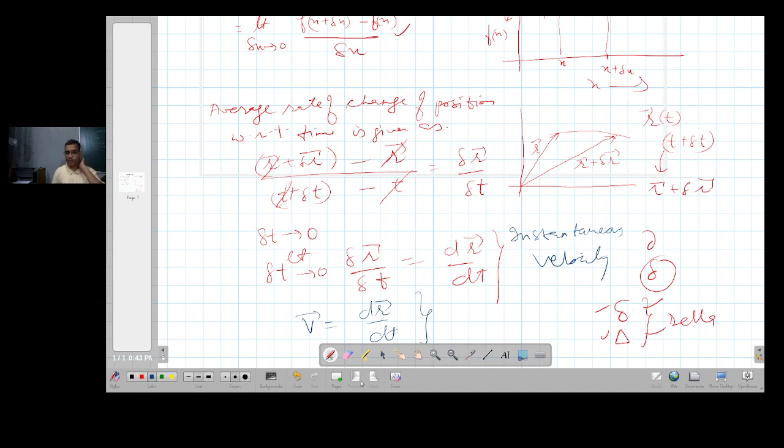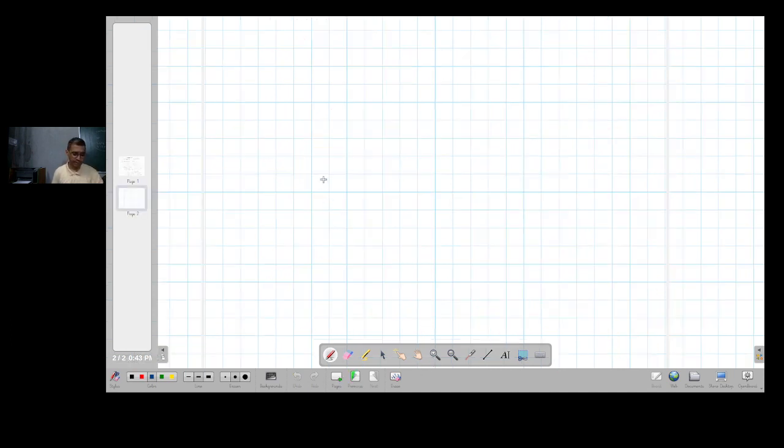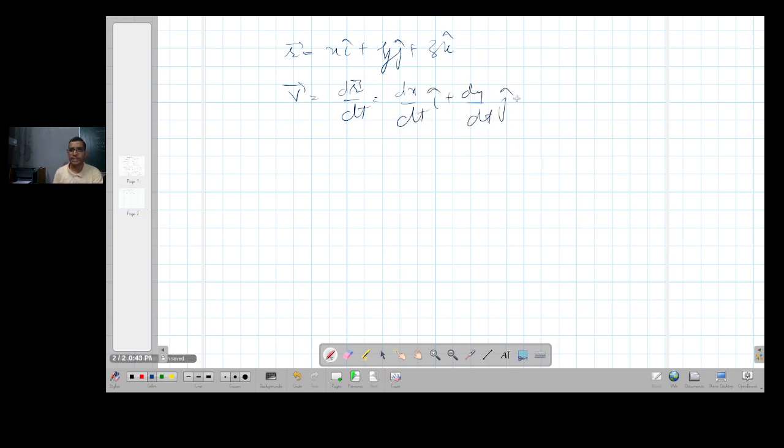Also, if the r vector is given in terms of its components, meaning r vector is x i cap, y j cap and z k cap, then this velocity, dr over dt, is dx upon dt i cap, dy over dt j cap and dz over dt k cap, or simply we call it vx i cap, vy j cap and vz k cap.